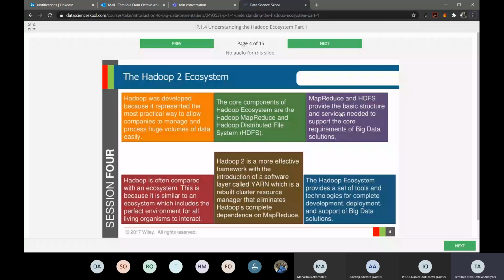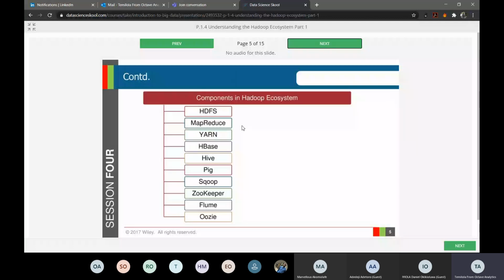So, like I said, from my screen you should be able to see there are so many components of the Hadoop ecosystem. You have HDFS, MapReduce, YARN, HBase, Hive, Pig, Sqoop, Zookeeper, Flume, and Oozie.